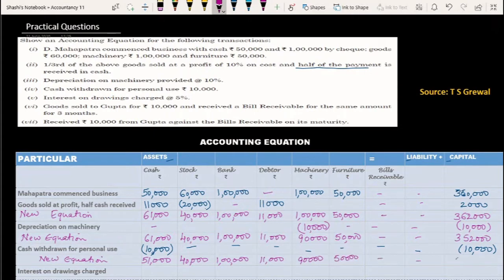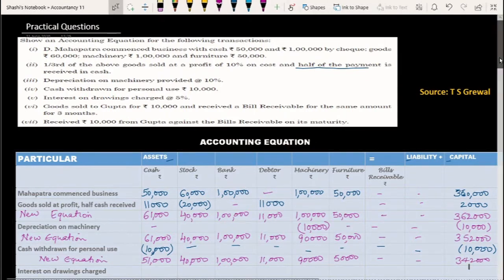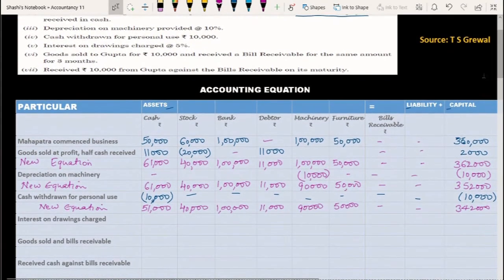There is nothing here, and this is 3 lakh 42,000. So this is your accounting equation after moving to 4 transaction. Okay. Now we'll see the next one, interest on drawings charged at the rate of 5%.